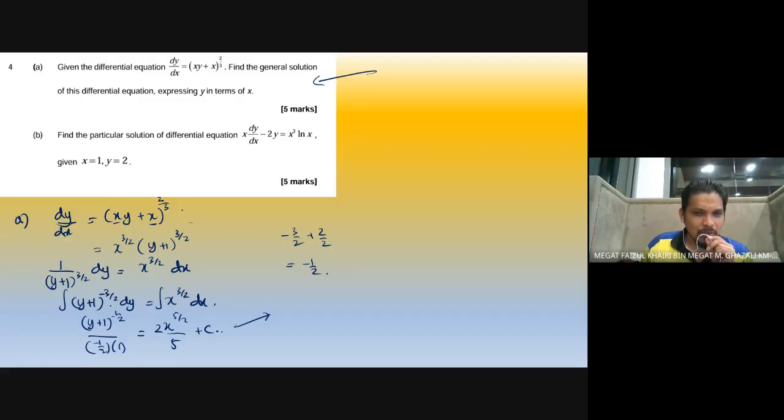Oh, class, sorry. I made a mistake myself. I didn't realize that this is 2 over 3, not 3 over 2. Sorry. But if I integrate one by one, everything is correct. The only thing is that I changed the index by accident. Sorry, it is supposedly 2 over 3.